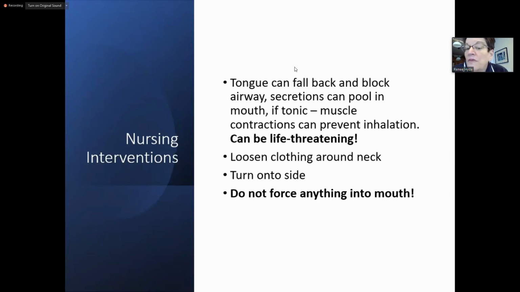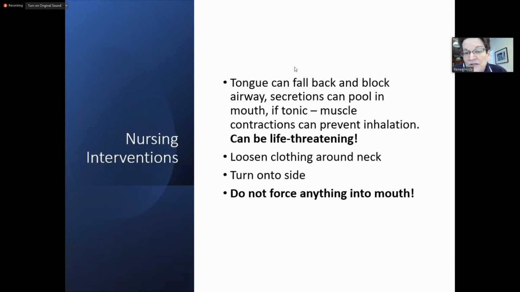So that Yankauer suction, that hard plastic suction, if you use it to get rid of the secretions, it goes only into the cheek, between the cheek and the teeth. It does not go between the teeth. Do not force anything into that mouth.